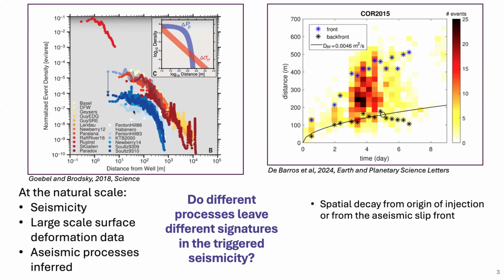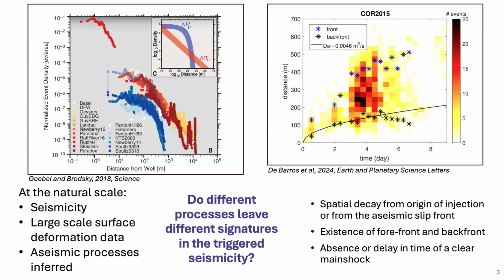Some of them are, for example, the different spatial decay of the density of seismic events from injection points or from modeled aseismic slip front. We have seen that forefront and backfront in seismicity exist, and another potential signature could be the absence or delay in time of a clear main shock.